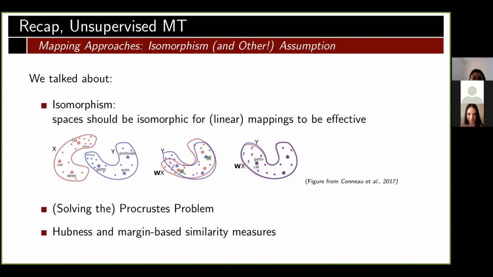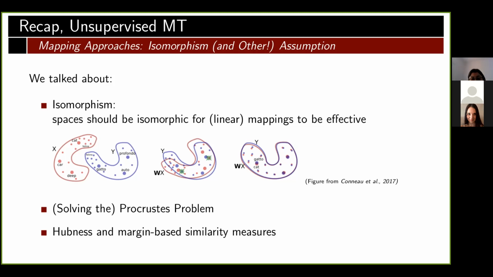That means that you can project one language into the other one, or the two into the same space, and they have similar characteristics. This is what is shown in this picture, and that means that one language can be mapped into the other language just with a linear mapping.